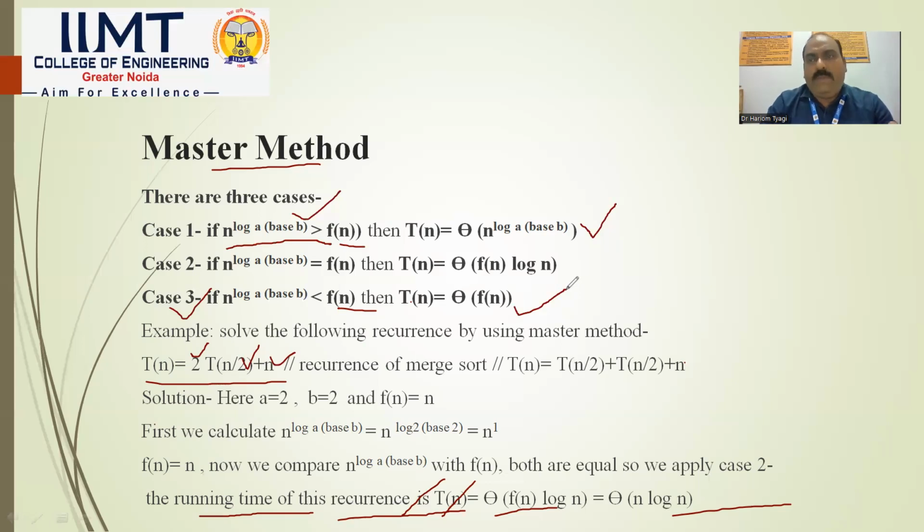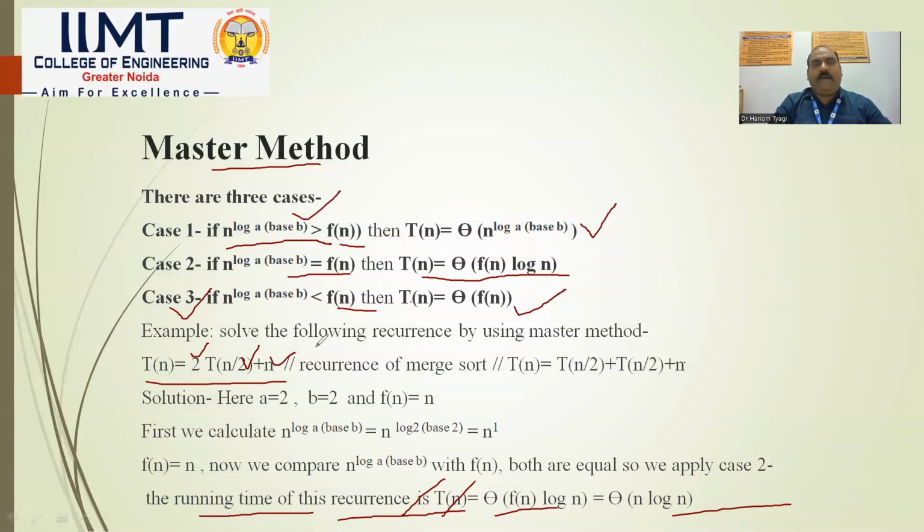If both are equal, then the running time of the recurrence will be f(n) times log n.